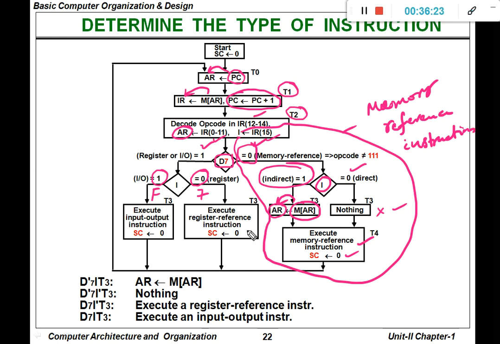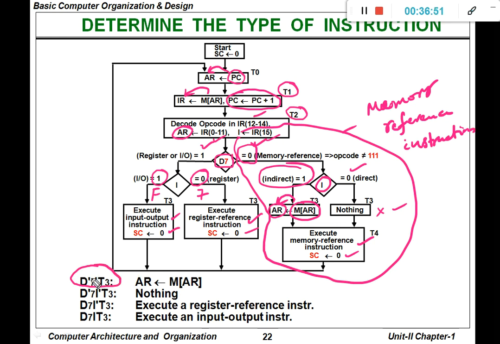So if it is a register reference instruction, then execute the register reference instruction and set the sequence counter to 0. If it is an input output instruction, execute the input output instruction and set the sequence counter to 0.